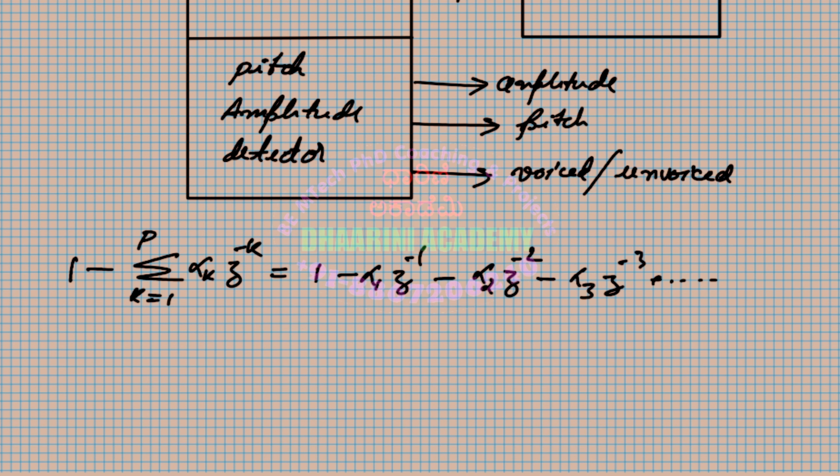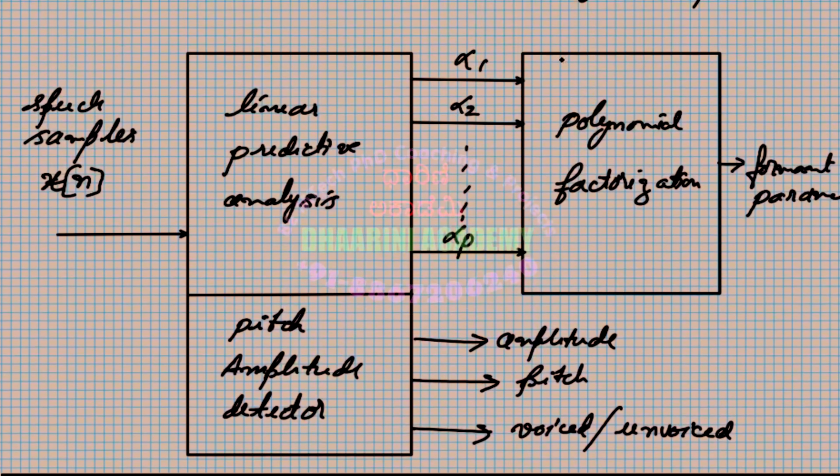Using p samples, you calculate p different slopes: alpha 1, alpha 2, alpha 3 up to alpha p. Use them for the analysis of speech. So now you see, you don't have to represent all the n values; you just need the past p values to represent the whole speech. That's why it is called linear predictive coding. You do a prediction and you represent your code.